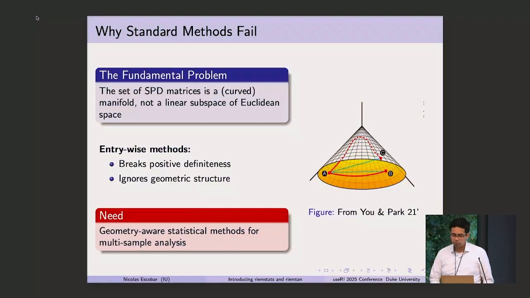That would be equivalent to measuring the distance, the blue line distance, in Euclidean space. But you can see that ignores the geometry of the set, right? You should be looking at distances across the cone. So what we want to develop is geometry-aware statistical methods for this kind of sample.